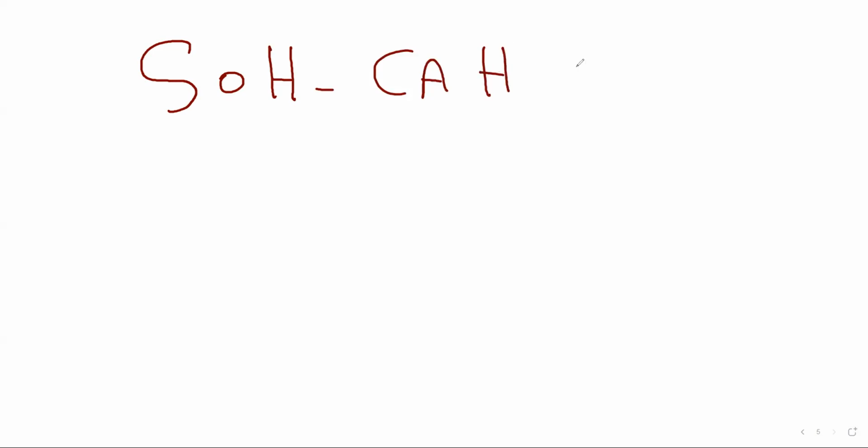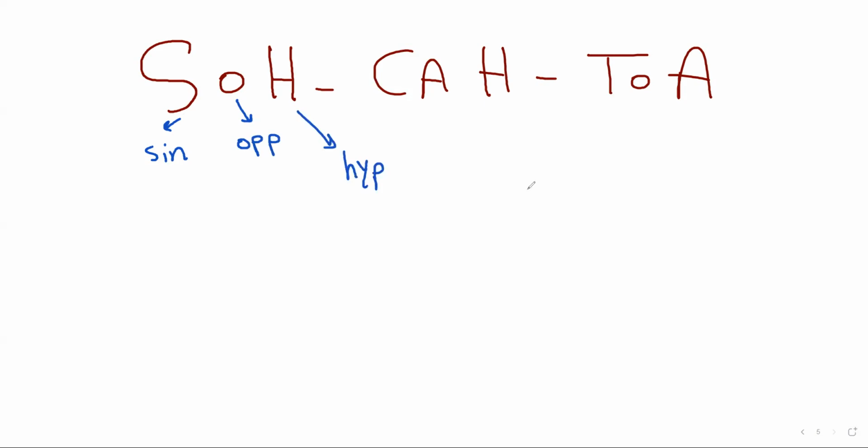To remember these ratios, we have to remember this word: SOHCAHTOA. What is that? SOHCAHTOA is a word just to remember these ratios. S stands for sine, O for opposite, H for hypotenuse.